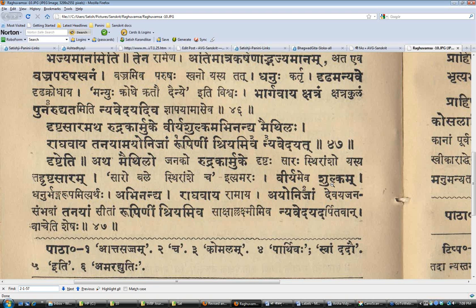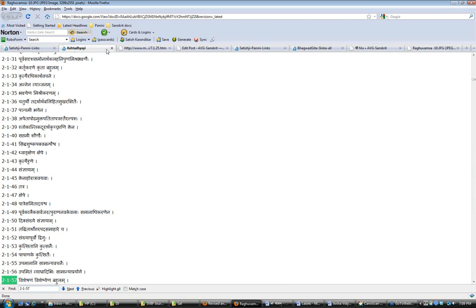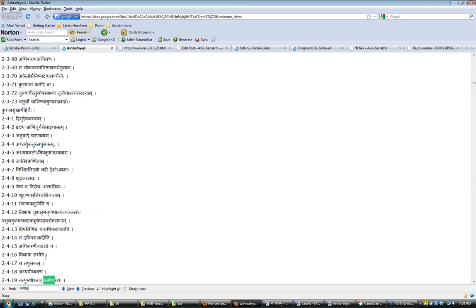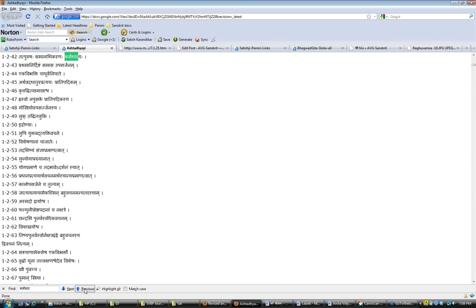In fact, in the Ashtadhyayi, where Panini defines what Karmadharaya is, there's a very simple sutram. Sutra 1.2.42: Tatpurushaha Samanadhikaranaha Karmadharayaha.